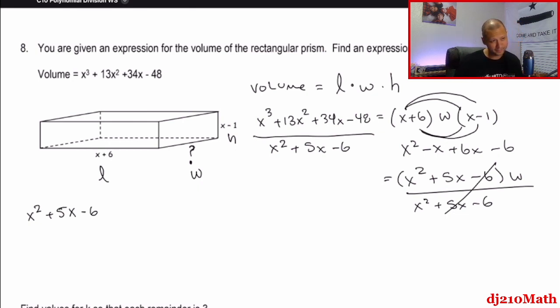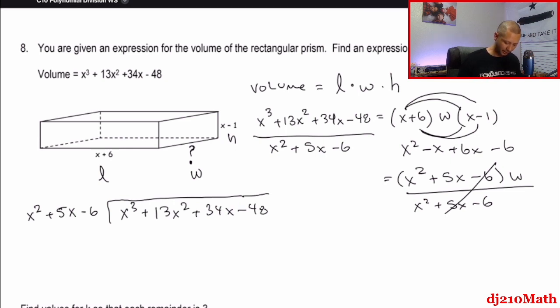I guess I could factor this bottom, and then we'll have two things in the bottom. But in this particular case, I think long division is more ideal. I could be wrong, though. What do I know? So plus 34x minus 48.